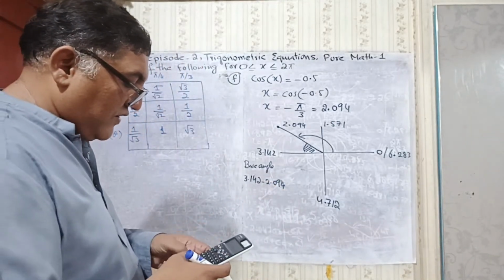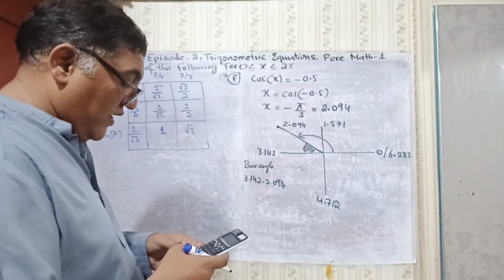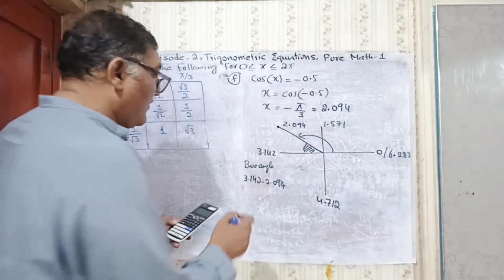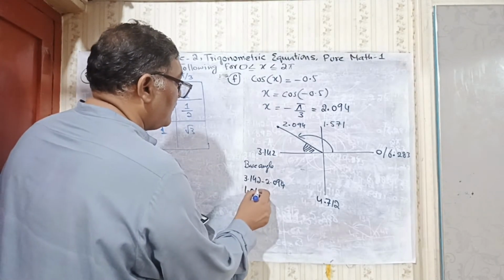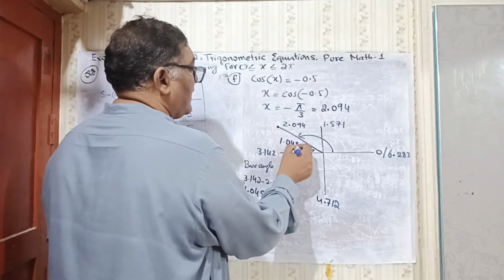So 3.142 minus 2.094 will be 1.048. So the base angle is 1.048.